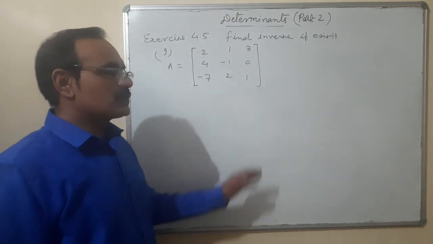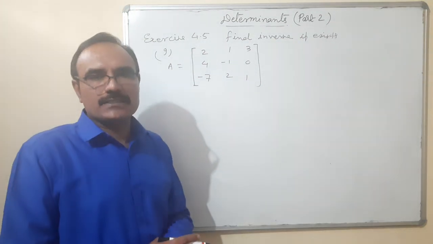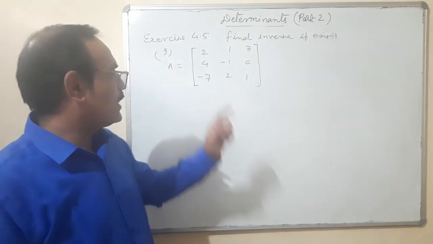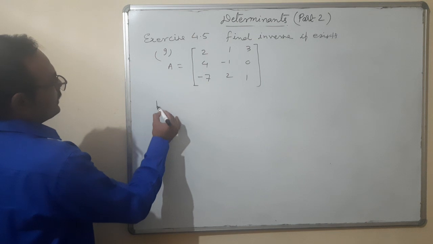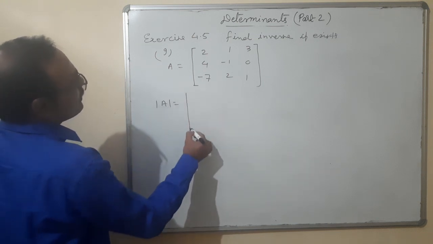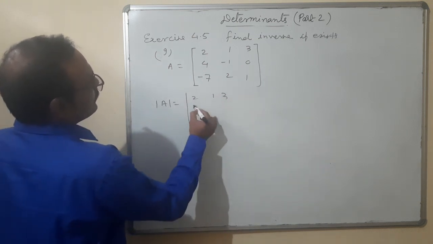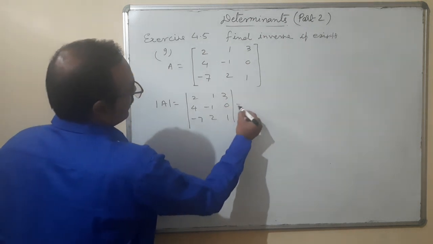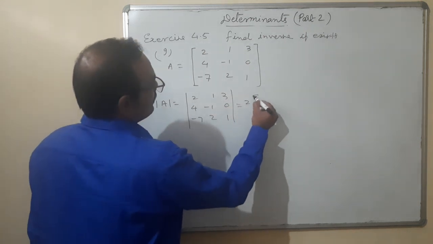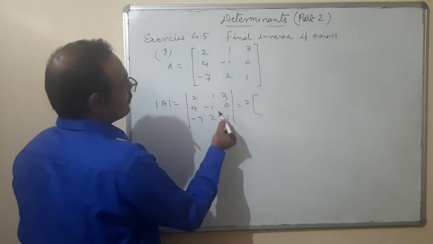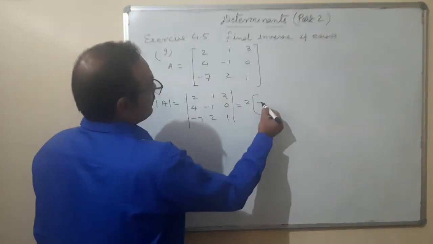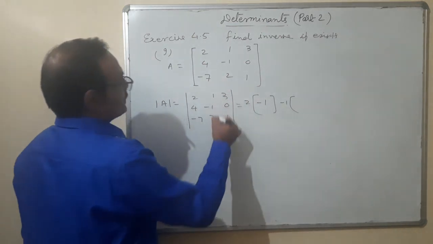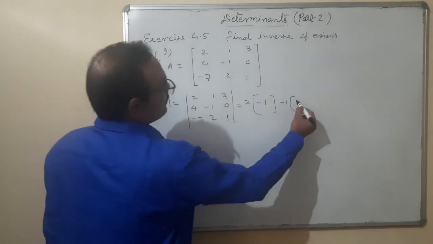For finding the inverse, how do we check whether the inverse exists or not? The simple way is to find the determinant value of A. So the determinant of A: 2, 1, 3; 4, minus 1, 0; and minus 7, 2, 1. Directly evaluating: 2, leaving this column and row, minus 1. Then minus 1, leaving this column and row, 4.